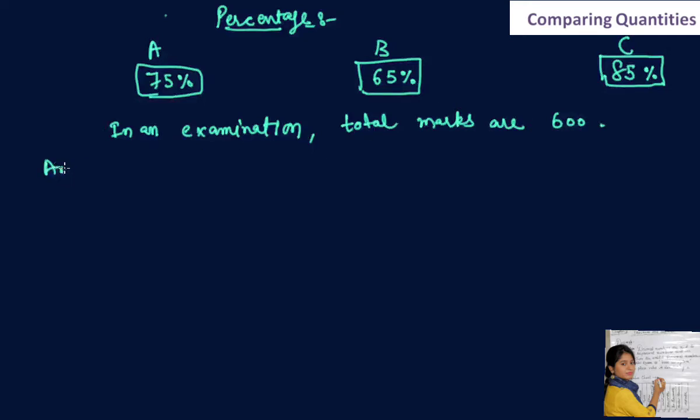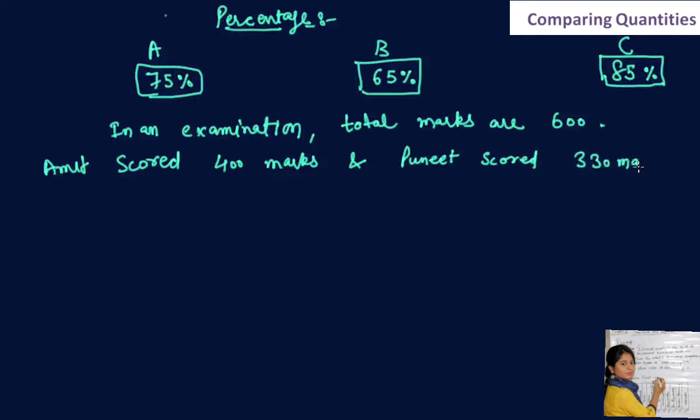And Amit scored 400 marks and Puneet scored, let us take, 330 marks. So 2 students are there in an examination where total marks were 600. We need to compare their marks, or I can write, compare their percent marks.